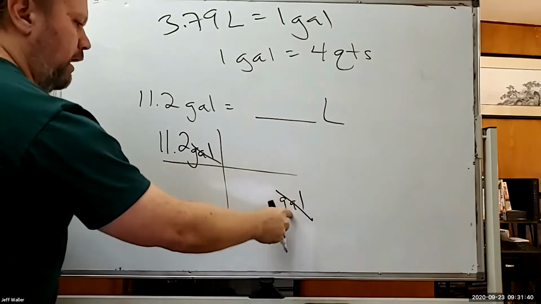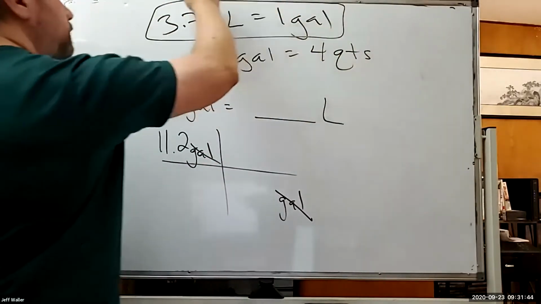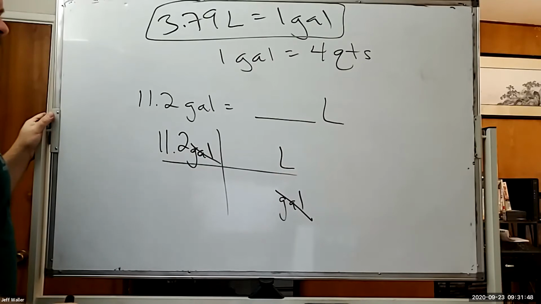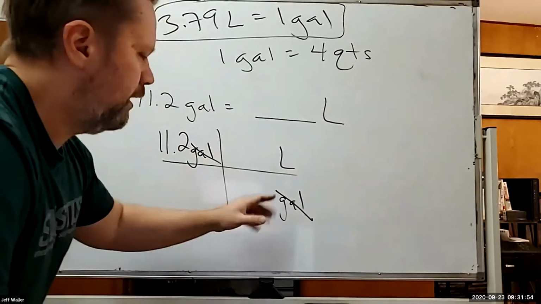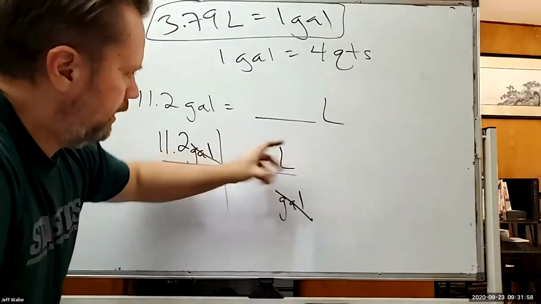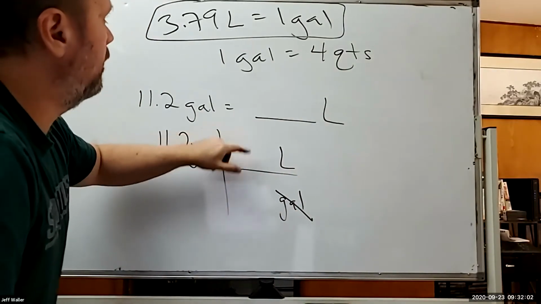Well, I want to go from gallons to liters, and I know the conversion. 3.79. Yeah, and I really want you guys to get this. The first thing I do is barely math. It's writing units in the right place so that these cancel. Now I do the math. Where does 3.79 go?